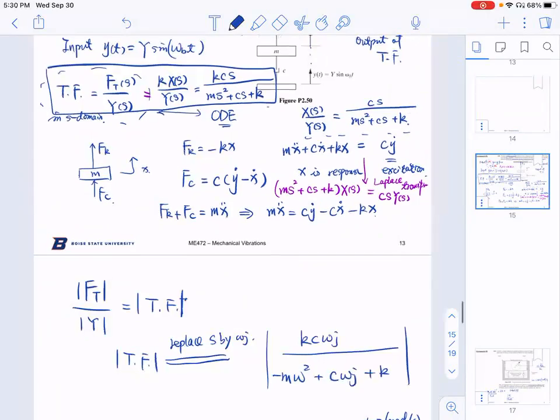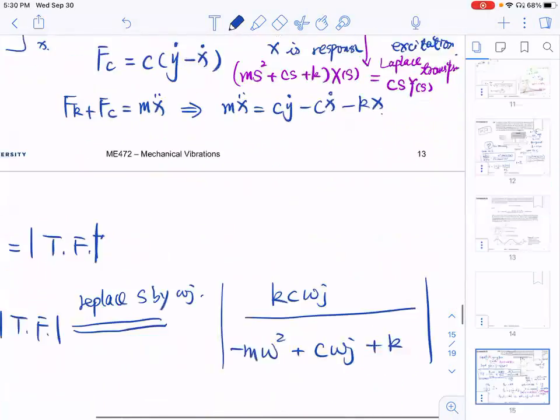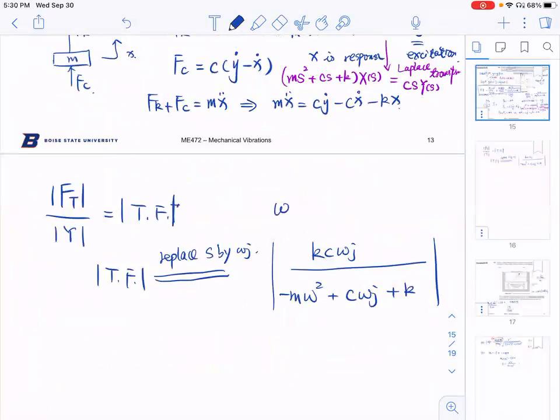If you go back, you'll see that your excitation frequency, sometimes called the driving frequency, is omega b in this case.